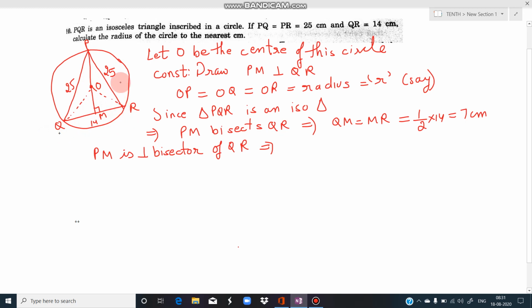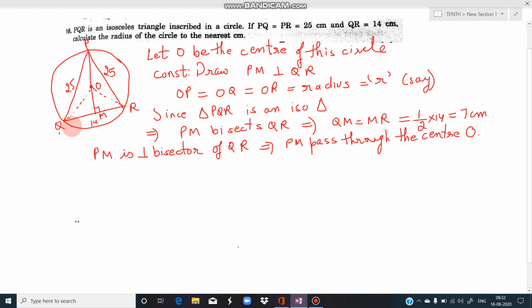It is the chord of the circle. And this PM is the perpendicular bisector of the chord. Then according to the result which we have done just now, this PM will pass through the center. So this PM passed through the center of the circle.